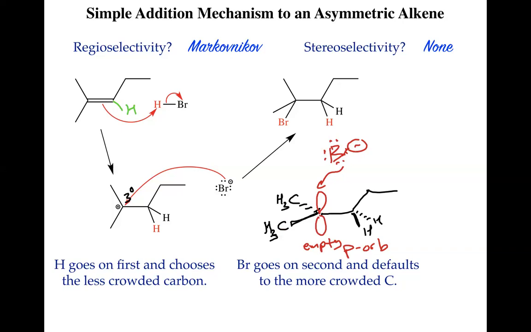So if I put it on top, hopefully you're sitting there, and I've drawn it out of convenience on top. If you're sitting there looking at this, like, wait a minute, it's going to run into this group here. So if I could actually track this, I would find, nope, my Br would want to come in from the bottom to avoid that bulky group on that side. So the Br would be on the opposite side of that, which is kind of why I drew it that way instead of putting the Br up here.